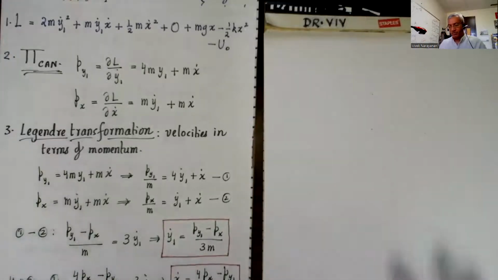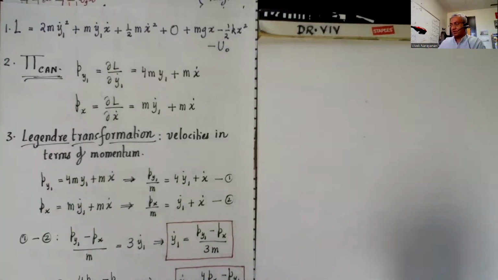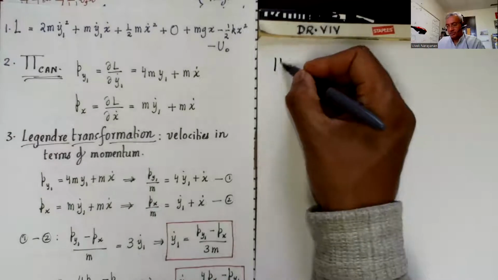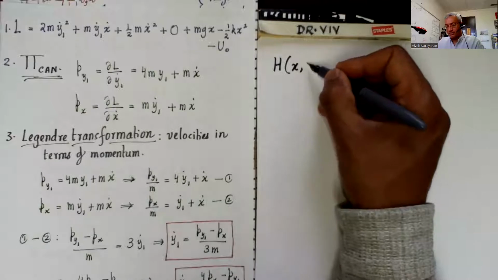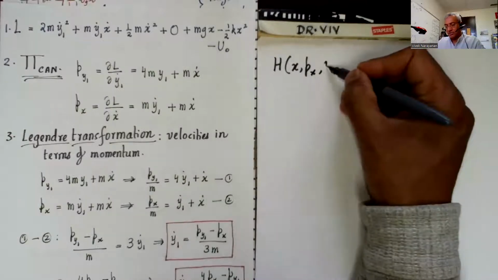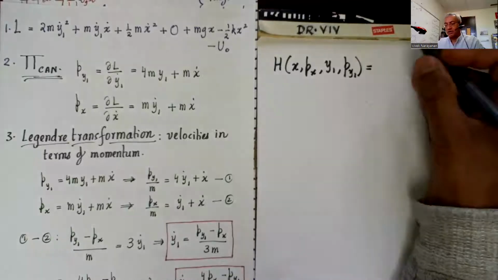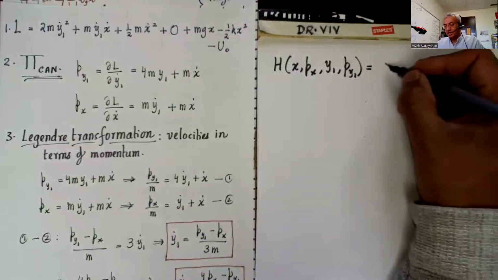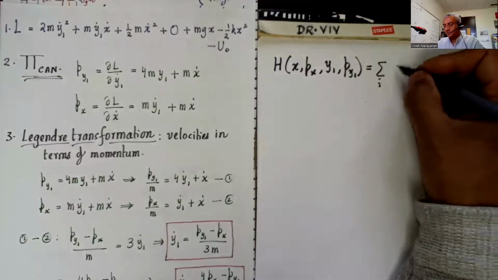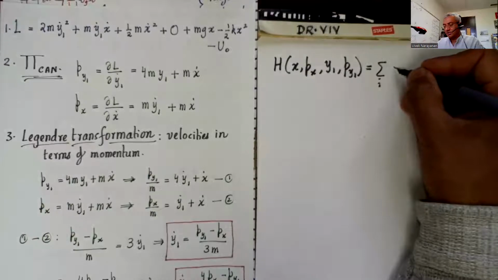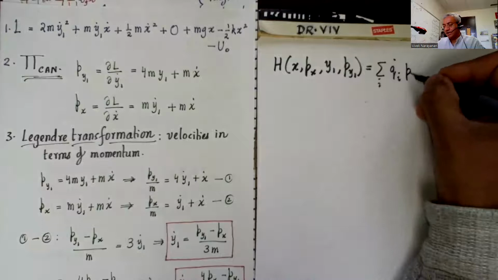The definition of the Hamiltonian is the following. H, which will be only in terms of x, px, y1, and py1, is the general definition. I'll write the general definition first. Sigma over all i, qi dot pi.